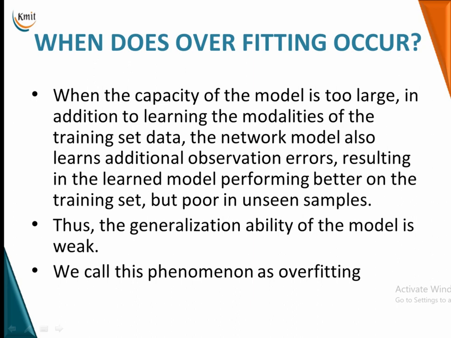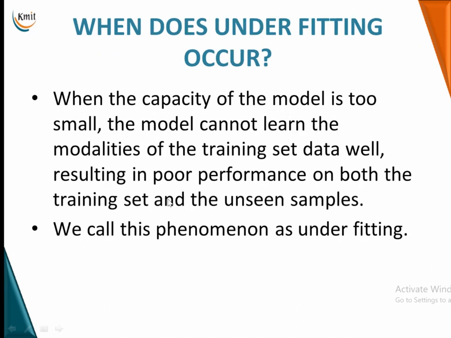So in that case, we say that the generalization ability of the model is weak. Whenever you want to define overfitting, you would define that overfitting appears when the capacity of the model is too large, wherein the model is performing well on the training data set, but not on the test data set, and the generalization ability of the model is weak. Then this particular phenomenon is called the overfitting phenomenon. So that's when we say that overfitting has occurred.